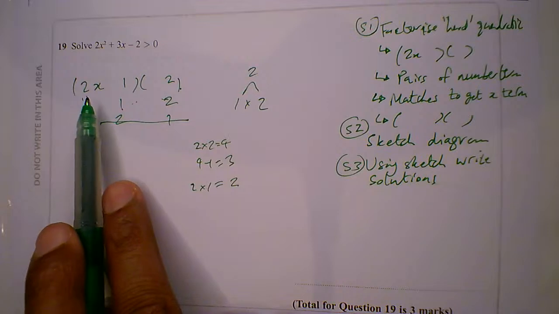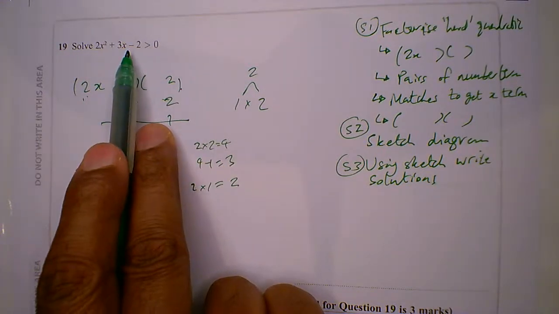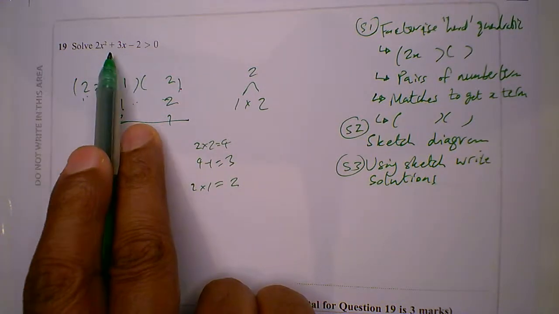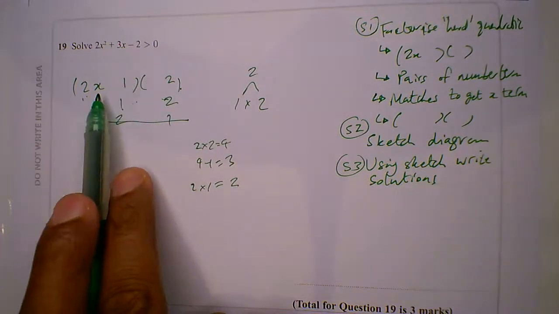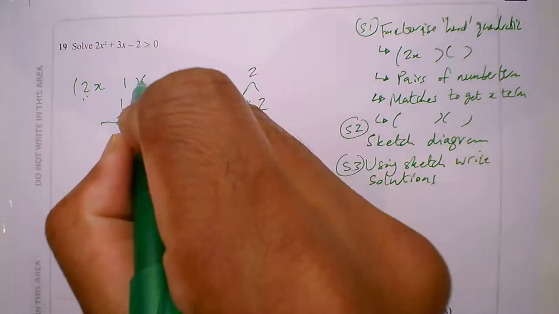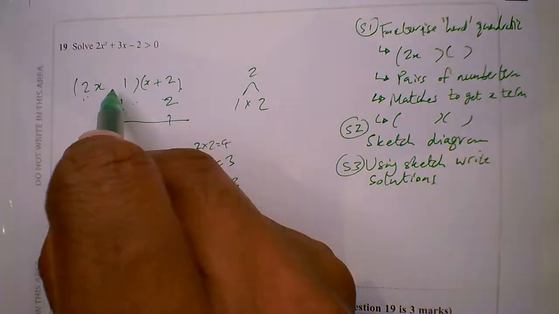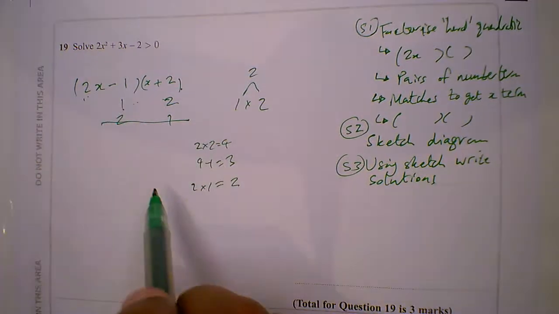All right, so let's carry on with this. You've got a negative here and a positive there, so the bigger number will take the sign. So 2 will take the sign: plus 2 and then minus 1 there.